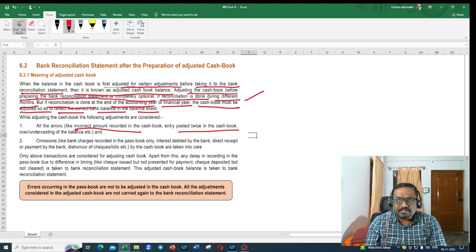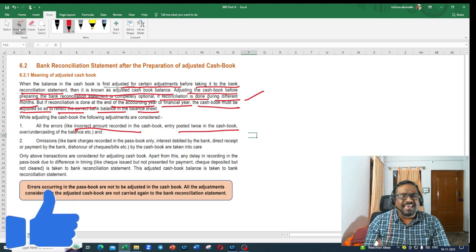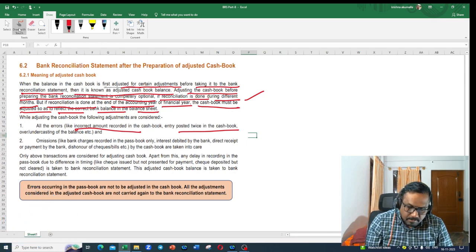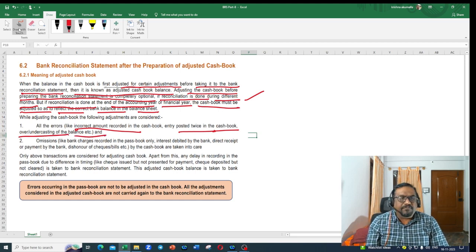We would have updated it in a wrong column or with a wrong amount. Any mistake can happen in the cash book because we do commit those mistakes. So entries posted twice, overcasting or undercasting, any kind of mistakes can happen. All these mistakes have to be rectified in the cash book.